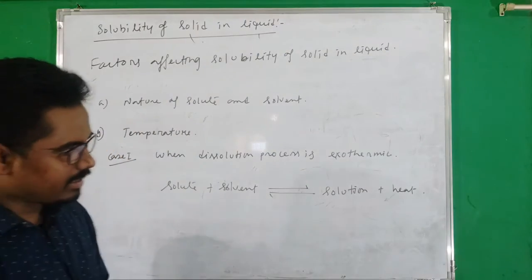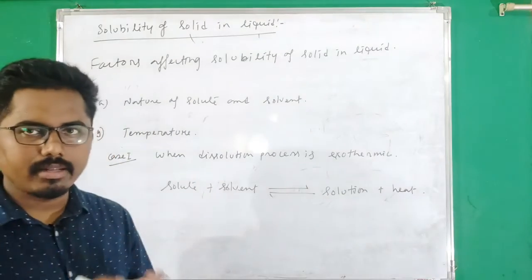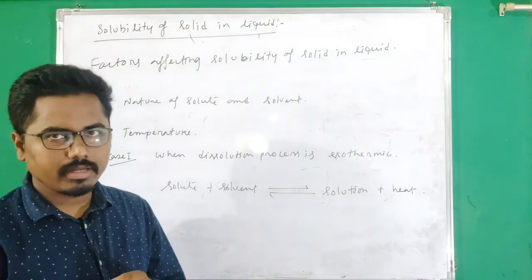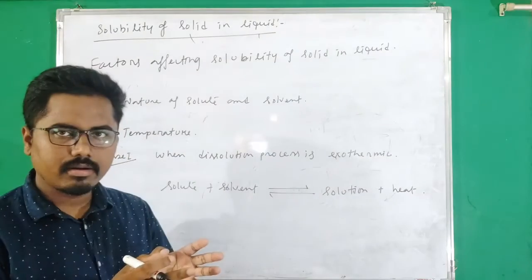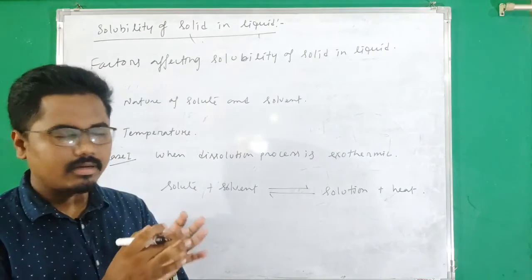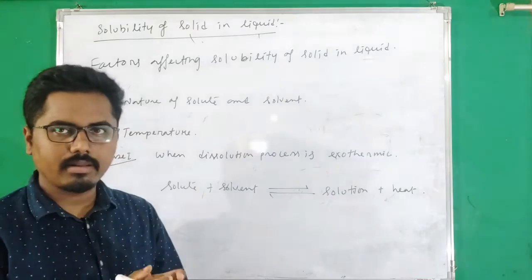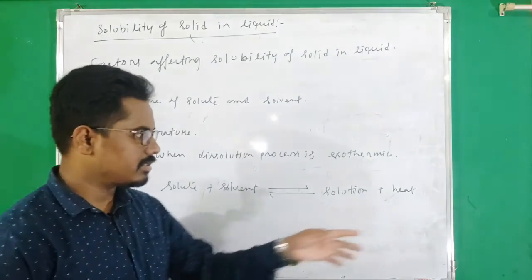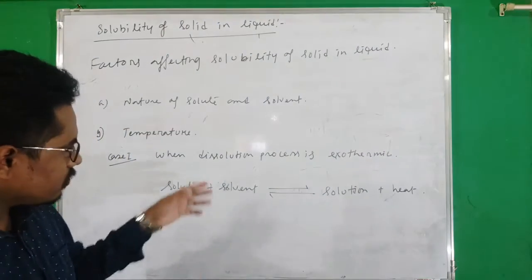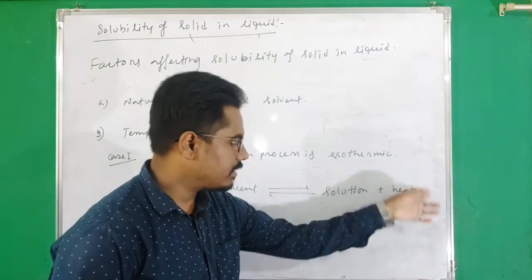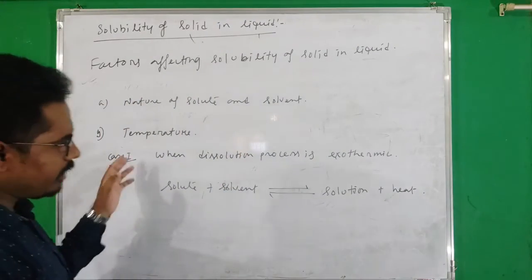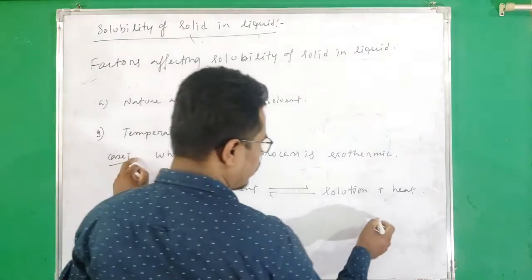Okay, practically we can take an example. When you add concentrated sulfuric acid to water, a solution will be obtained and the container will be heated up. So that means the temperature of the container in which the solution forms will rise, so heat is evolved in that case. So in this case, exothermic, therefore heat is evolved in this process. Now if we increase the temperature, we will supply heat.